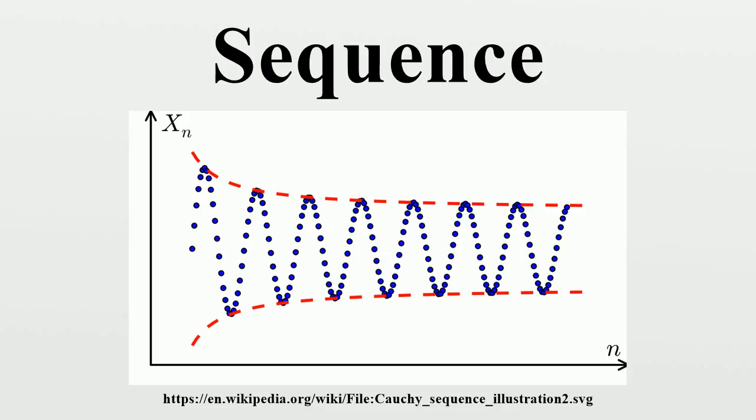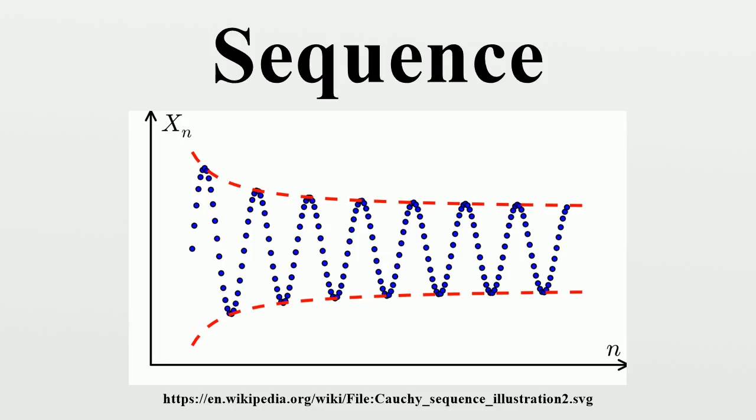A function from the set Z of all integers into a set, such as for instance the sequence of all even integers, is bi-infinite. This sequence could be denoted. One can interpret singly infinite sequences as elements of the semigroup ring of the natural numbers R[N], and doubly infinite sequences as elements of the group ring of the integers R[Z]. This perspective is used in the Cauchy product of sequences.